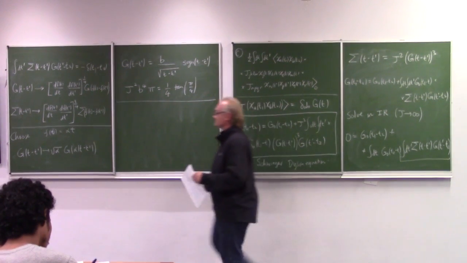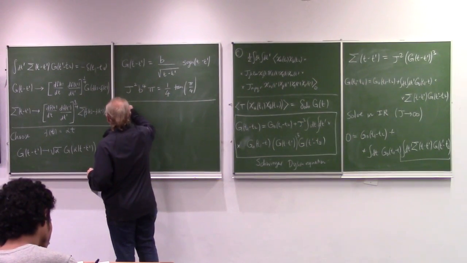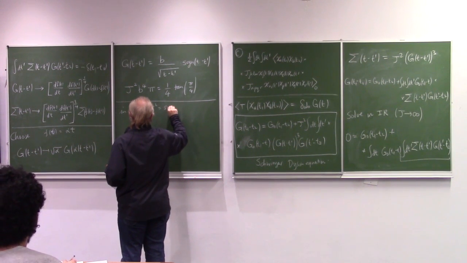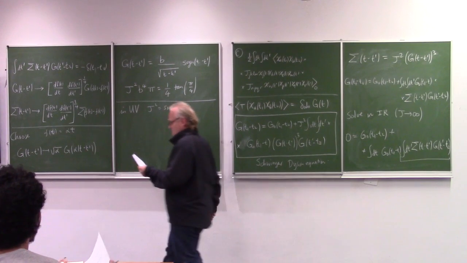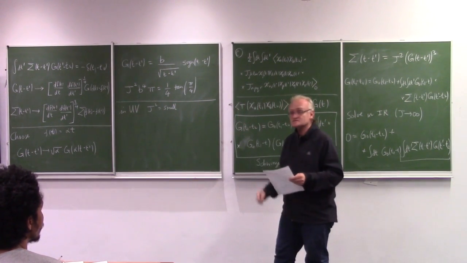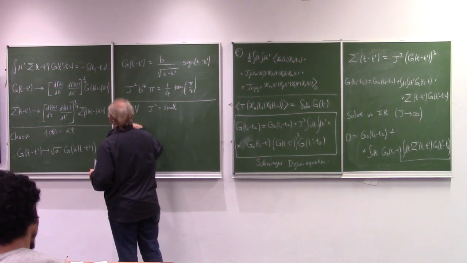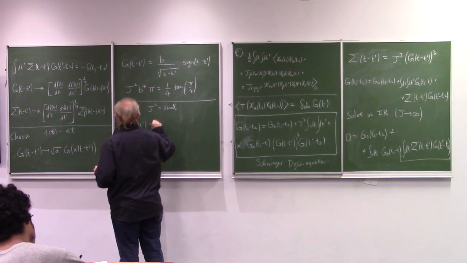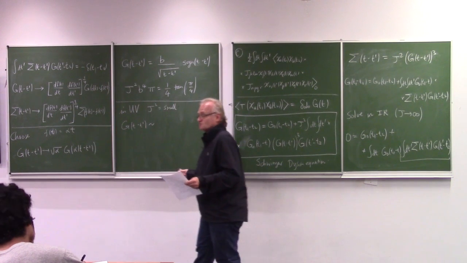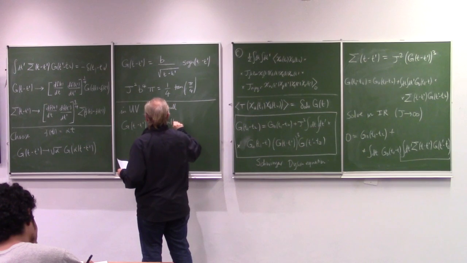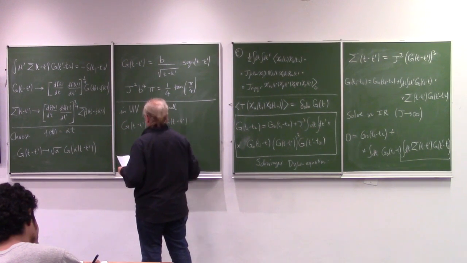It's very interesting. In the UV, J squared is small. If J squared is very small, the Fermion two-point function G of t minus t prime is just like the two-point function of the free theory, so it's like the sine of t minus t prime.